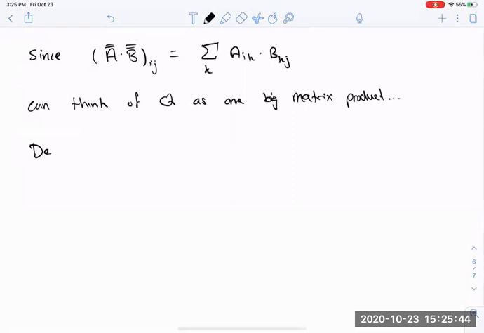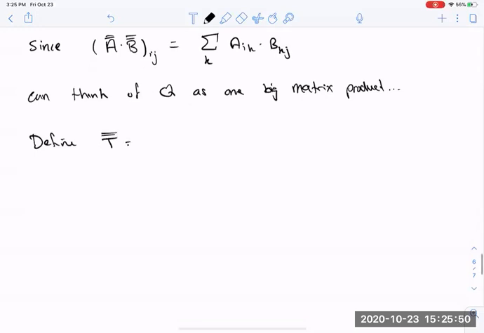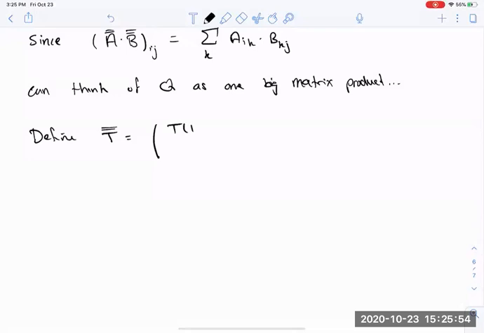So let's define this T matrix as this T function for spins 1, 1, spins 1, minus 1, spins minus 1, 1, and spins minus 1, minus 1.